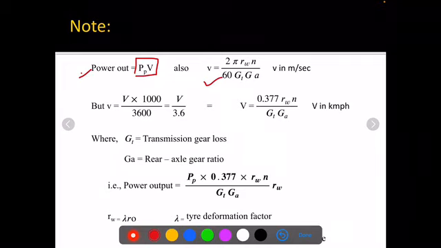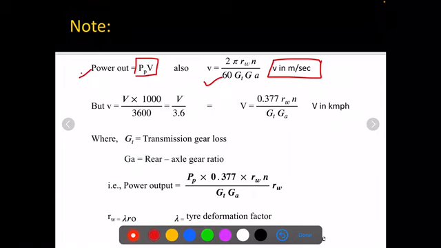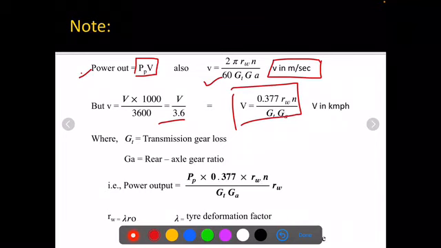This formula applies when V is in meters per second. If we convert V into kilometers per hour, we can take V equal to 0.377 Rw n divided by Gt Ga, where Gt is the transmission gear ratio. This value will be given to you in the numerical itself.